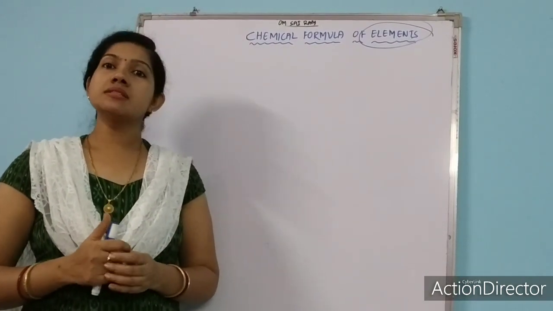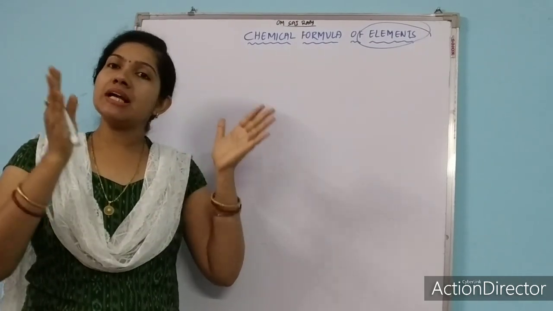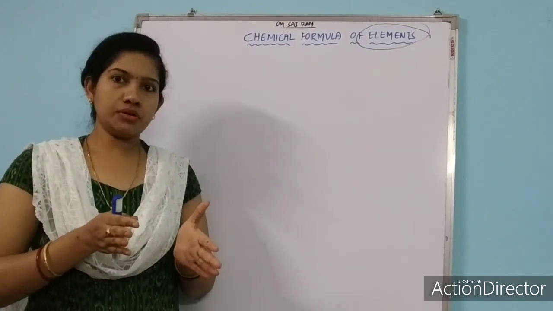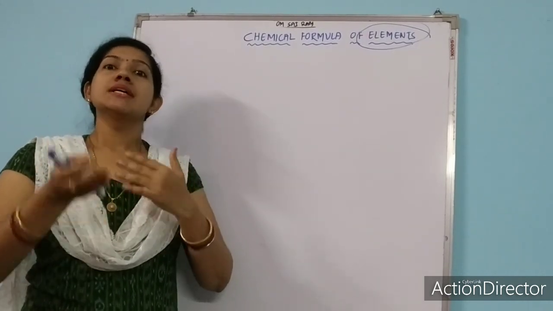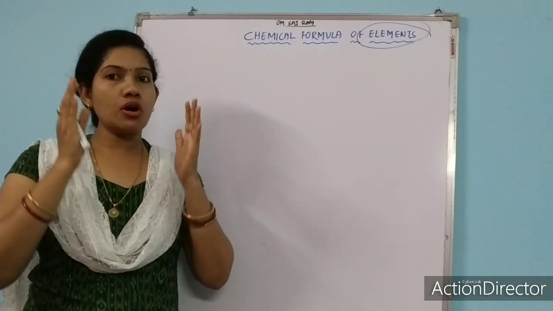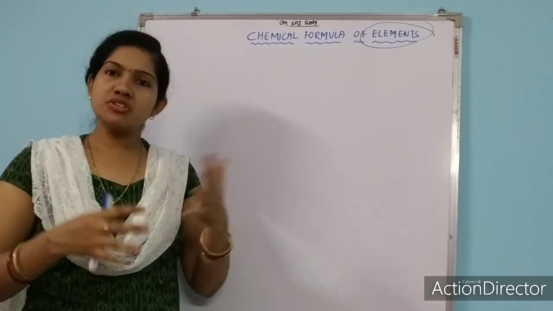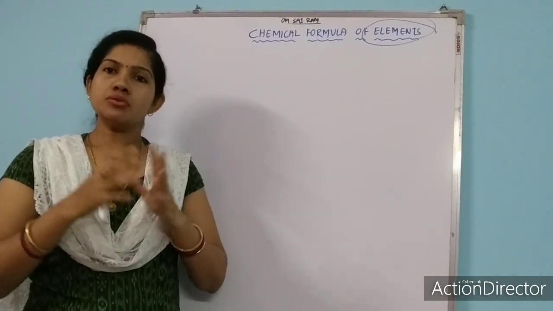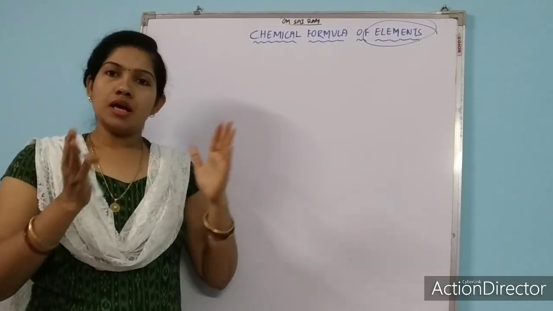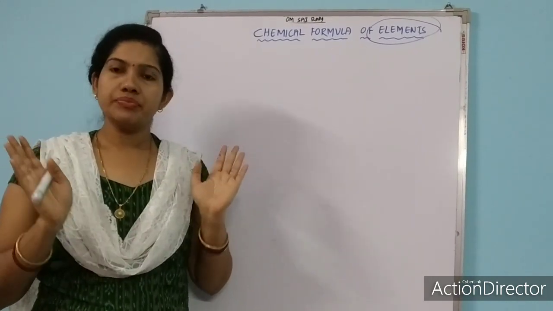An element is a substance which is made up of the same kind of atoms. We call that substance an element. And what about a mixture? A mixture is a combination of elements. So here we have discussed elements and mixtures. About compounds we will discuss in our next class.